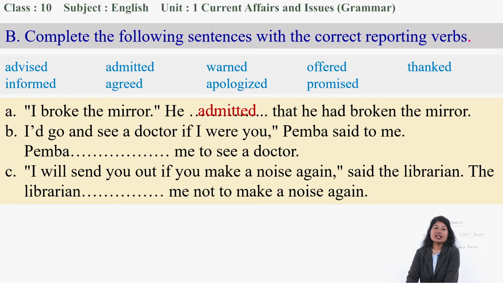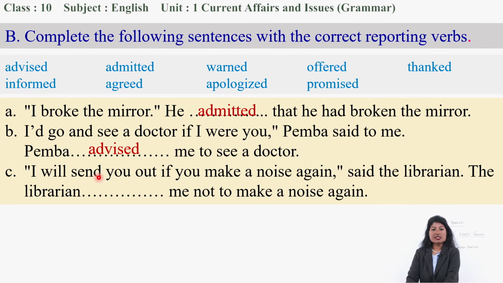Next one is, I would go and see a doctor if I were you. Pemba said to me. Pemba me to see a doctor. What would be the appropriate word? Yes, advised. Here, this is advice. That's why advised would be suitable over here.